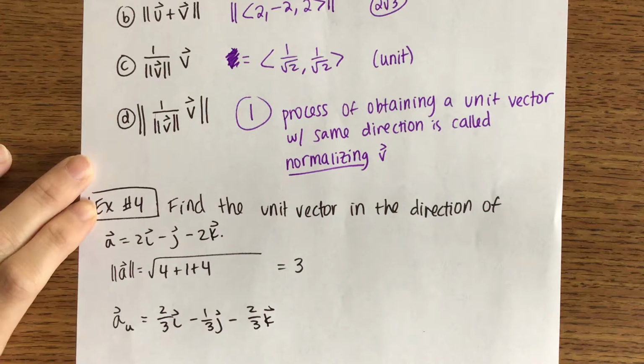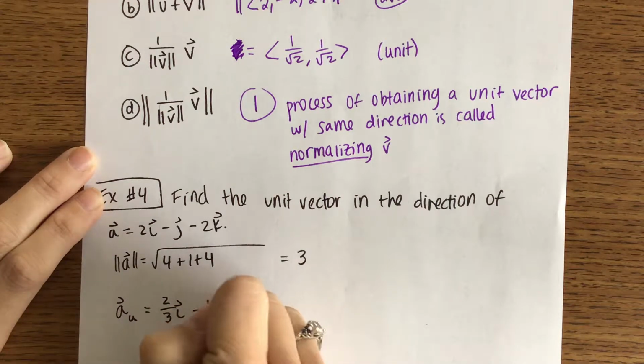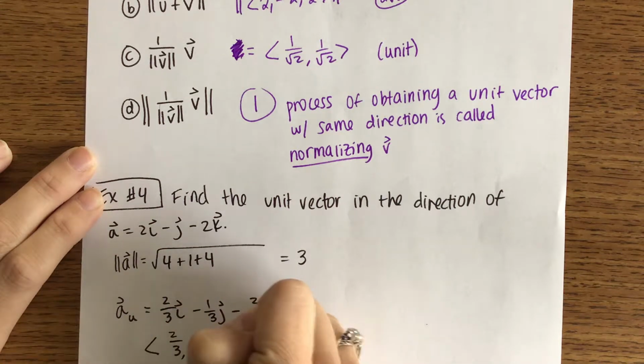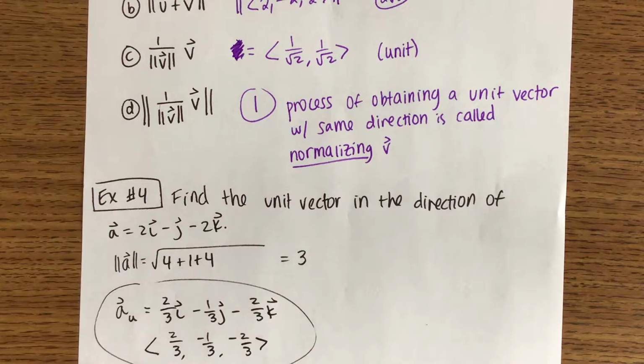That's one way that you can write it. The other way is in bracket notation. So that would be our unit vector that's in the same direction. Sound good? Okay.